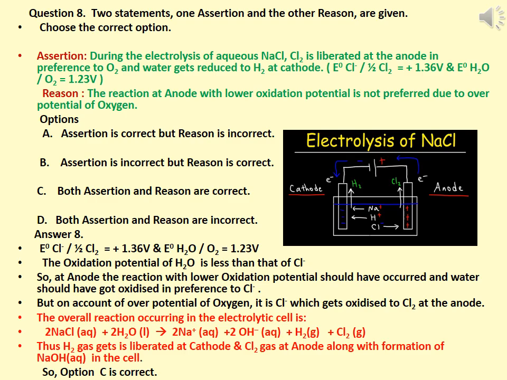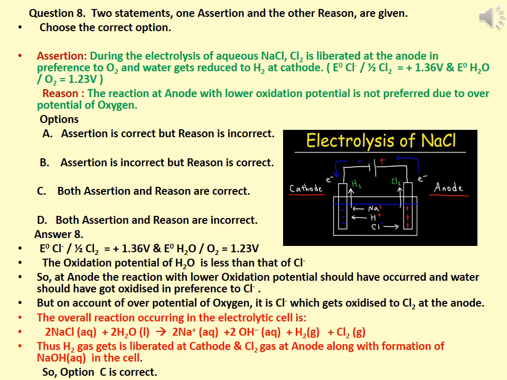E0 Cl minus bar half Cl2 is plus 1.36 volt and E0 H2O bar O2 is plus 1.23 volt. Reason. The reaction at anode with lower oxidation potential is not preferred due to over potential of oxygen.